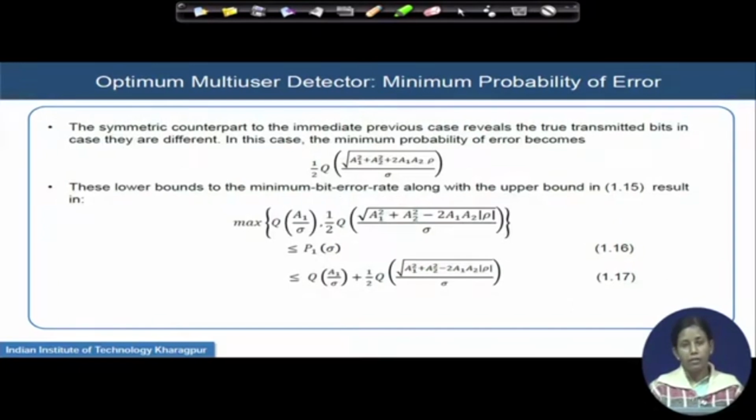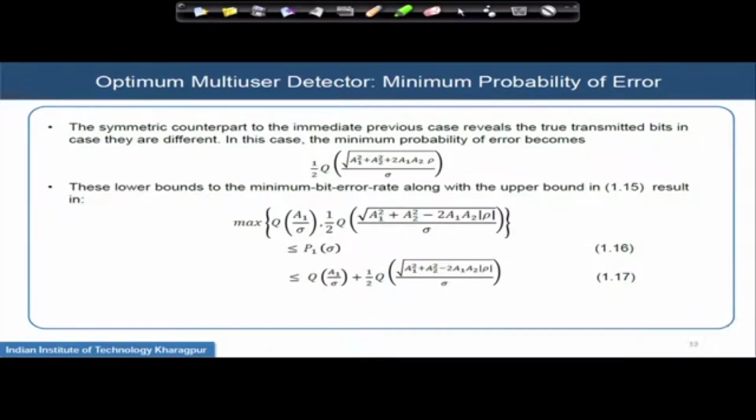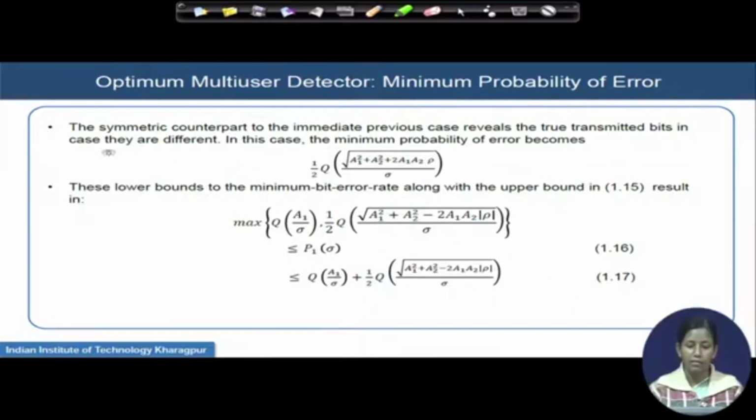The symmetric counterpart of the immediately previous case reveals the fact that the true transmitted bits in this case are different. If they are different, in that situation the minimum error probability will be given by the Q function like this.